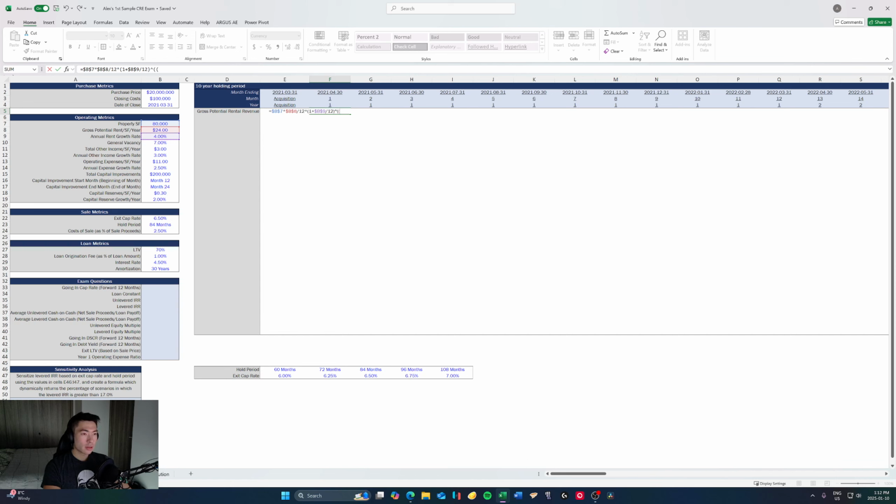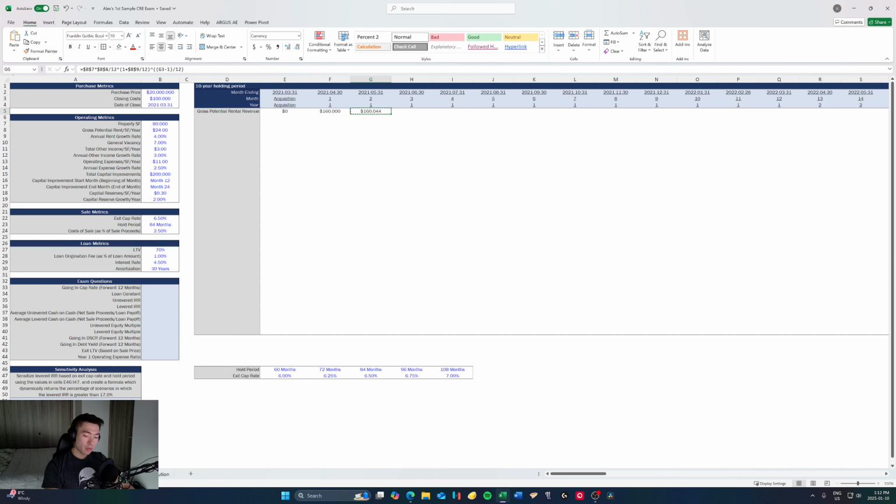So caret, 2 brackets, and then you do the month minus 1, bracket that, divided by 12. Now we're not locking that in because we want that to move dynamically as we move across. So we should get 160. And now if we copy this over, so I click Control C and then I press Shift and my arrow key together and click Control R. Now you're going to see that it moved.